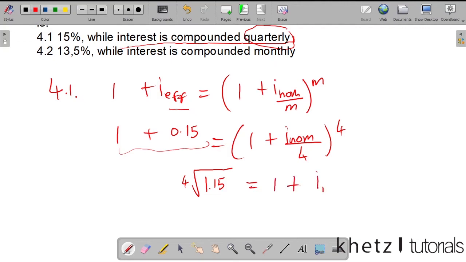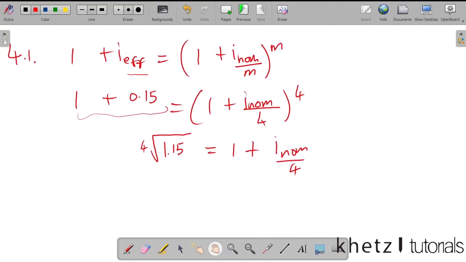On this side, the exponents are just going to cancel out if you find the fourth root, or whatever this is actually called. So that is that. And you can say I nominal divided by 4 is equal to this, right?